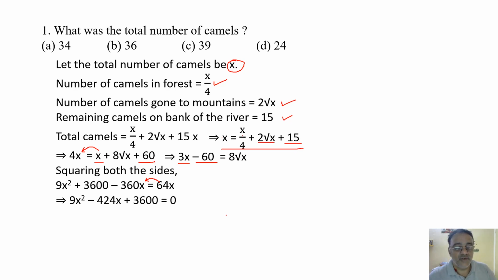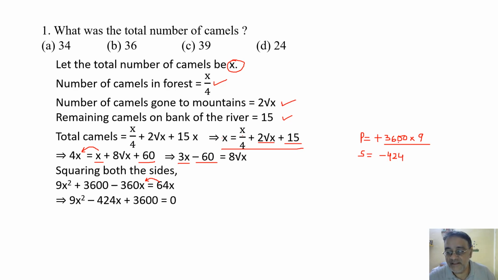Okay. So now splitting the middle term, the product is given plus 3600 into 9. I'm not going to find the product, I'm writing this way only. And the sum is given minus 424. So we need two factors of this product such that their sum is 424.